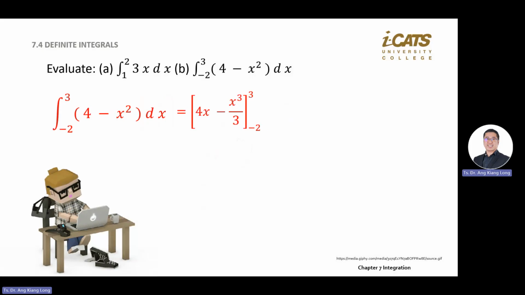So if you are scared that you make mistakes, you can convert this one into integrate 4 dx minus integrate x square dx, and then copy the limit, minus 2, 3, and then do this one, minus this one. Same, we arrive at the same answer.